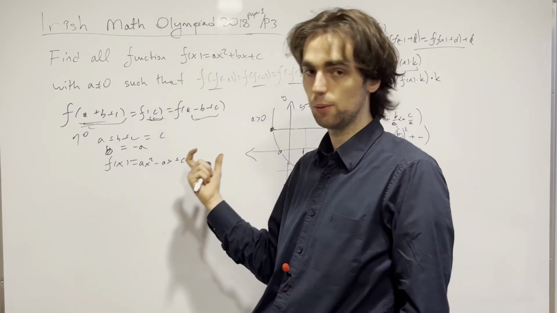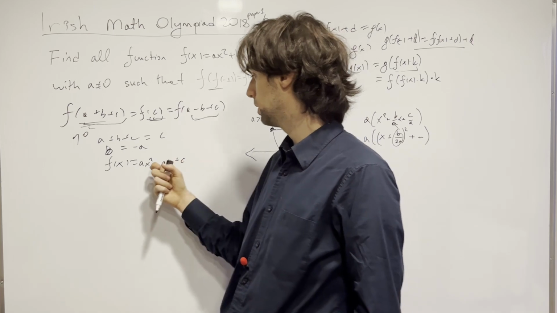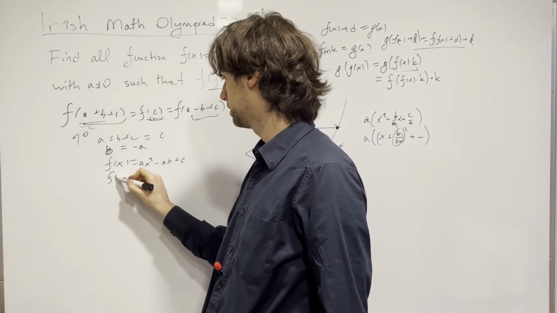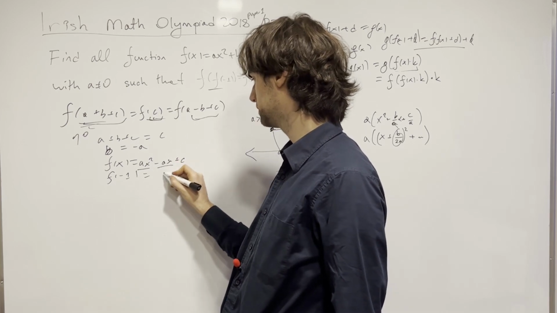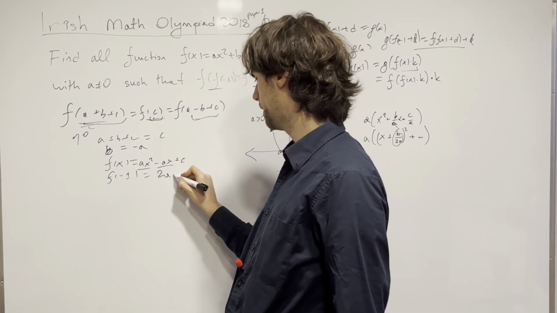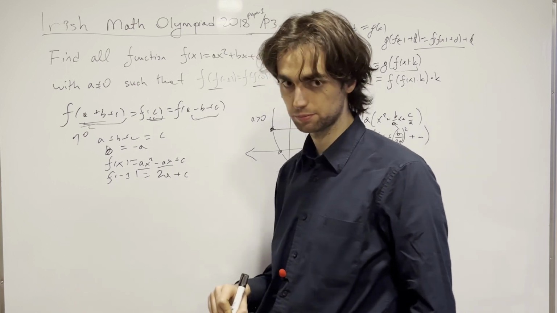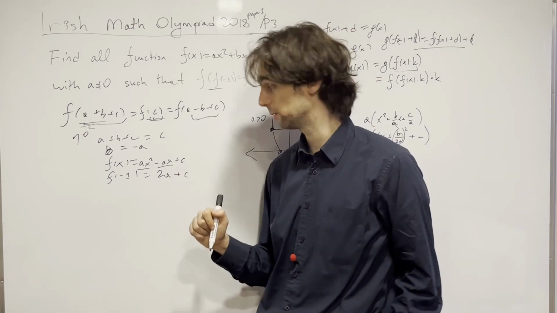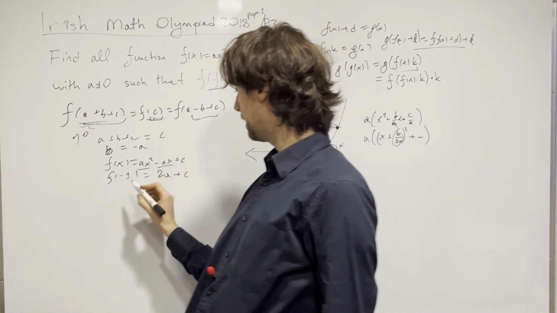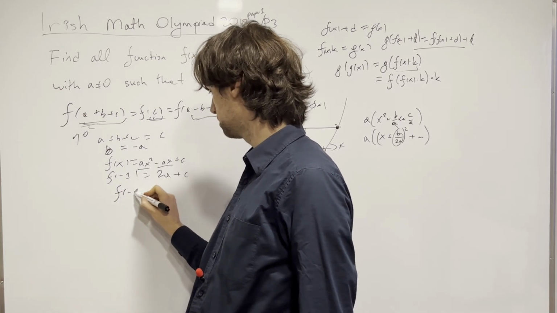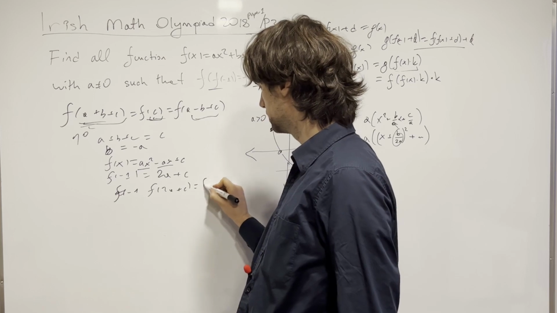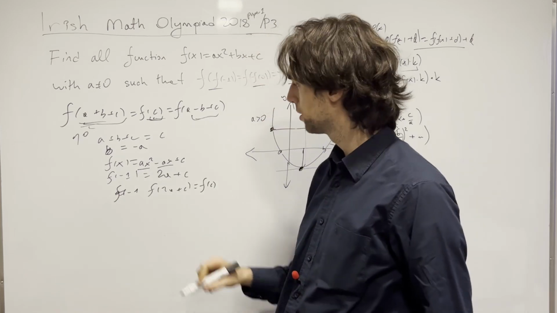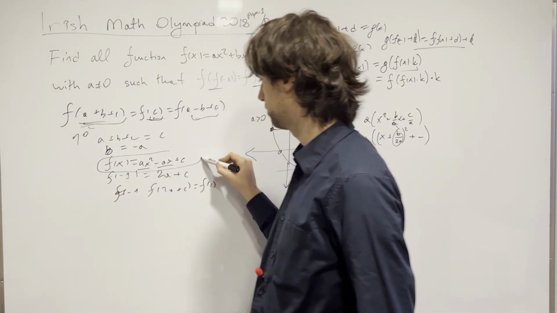But what is f of negative 1? Well, f of negative 1 is going to equal what? It's going to be ax squared minus ax plus c, so 2a plus c, when we plug in x equal to negative 1. And now we have f of 2a plus c is equal to f of c for this quadratic equation.